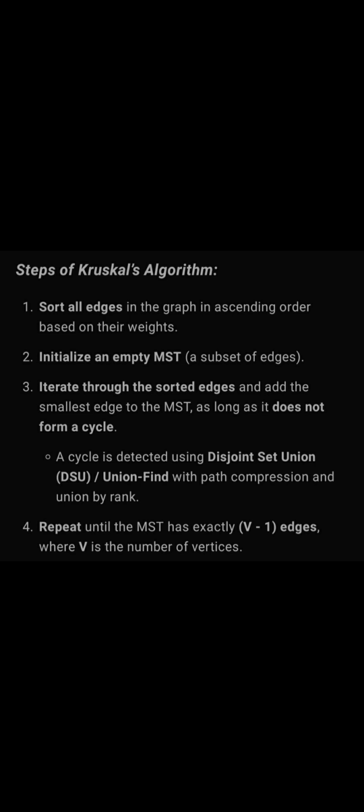A cycle is nothing bad, it's a loop. It does not form any loop. A cycle is detected using disjoint set union, DSU union-find, with path compression and union by rank. Repeat until the MST has exactly V minus 1 edges, where V is the number of vertices.